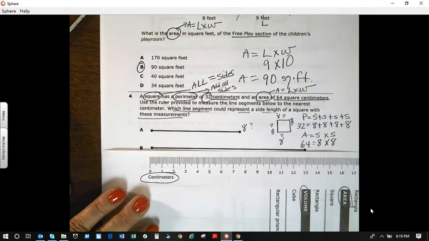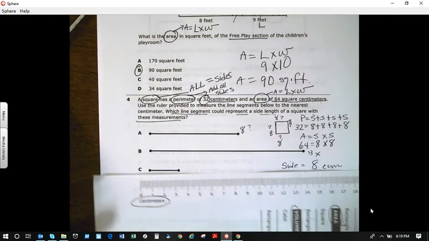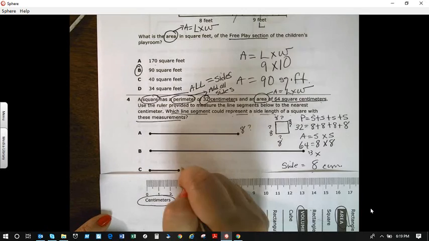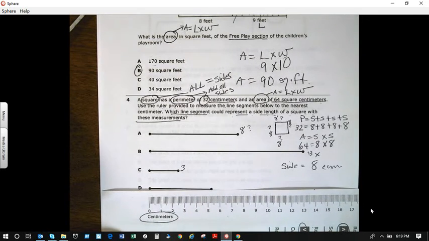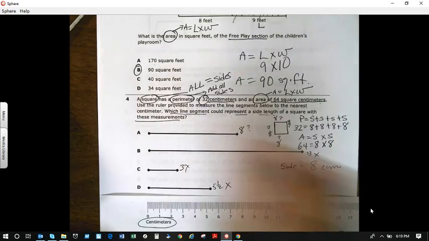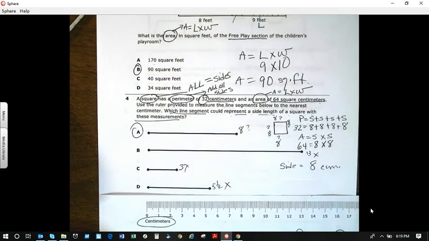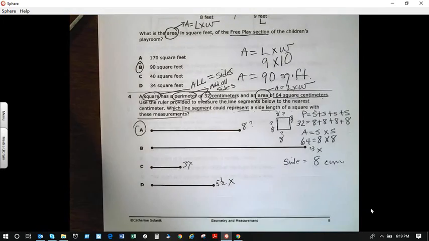Let me measure this one out. Nope, this is 13, too big. This is 3, too small. And this is about 5.5. Too big, and too big. So the answer is A. You're going to be using these rulers, because they're measured out for that. All right.